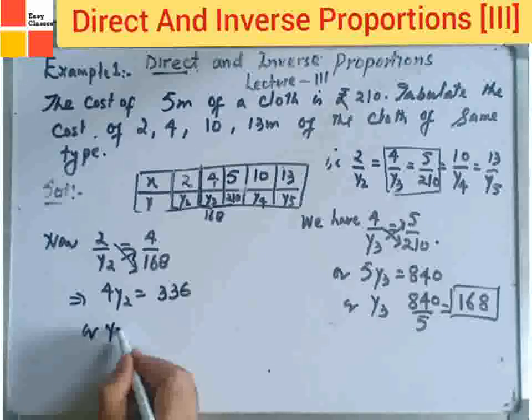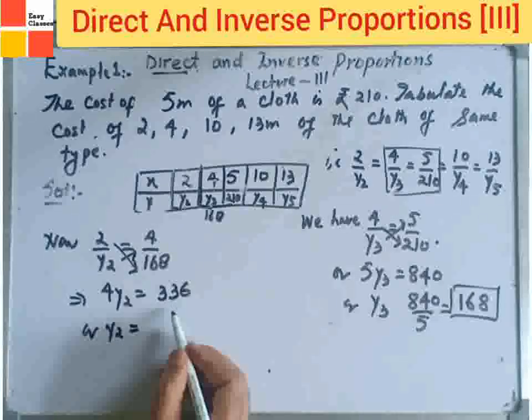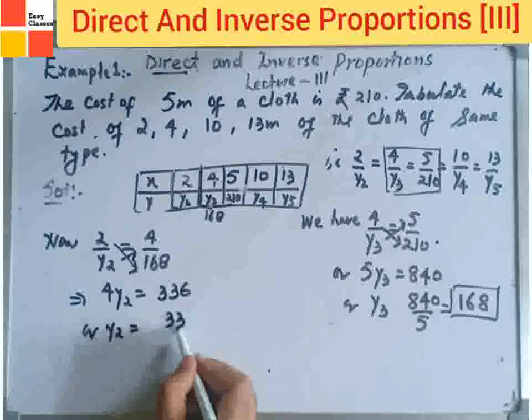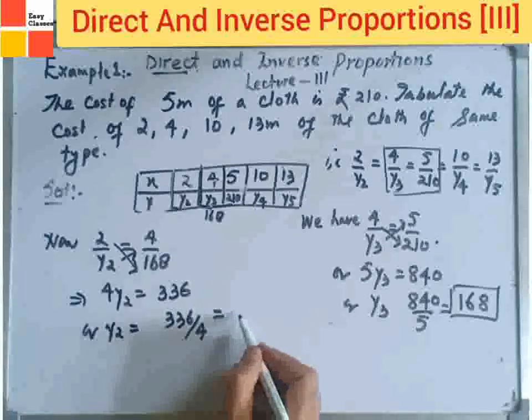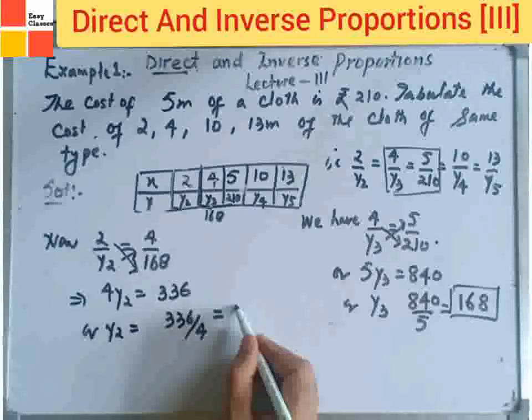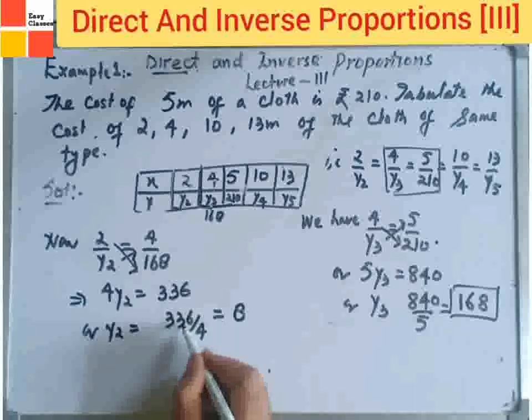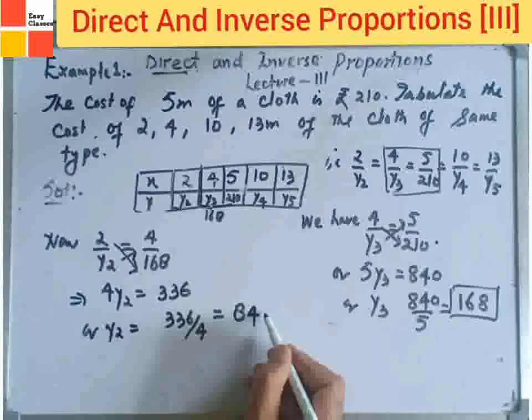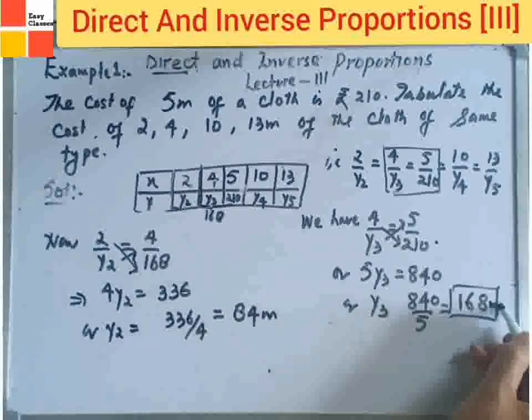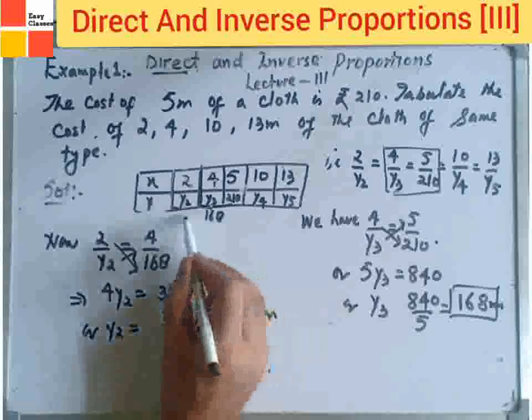Or y2 is equal to 336 divided by 4, which will be equal to 84 meters. So this will be 84.